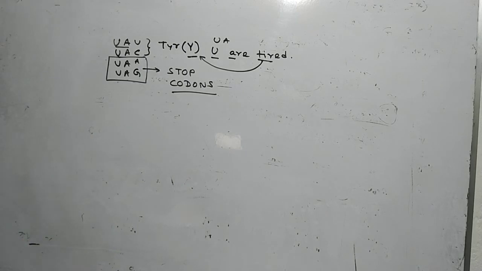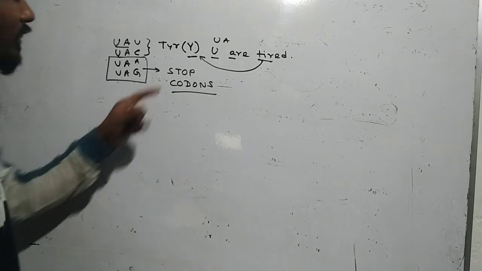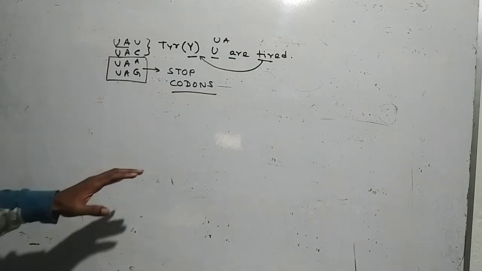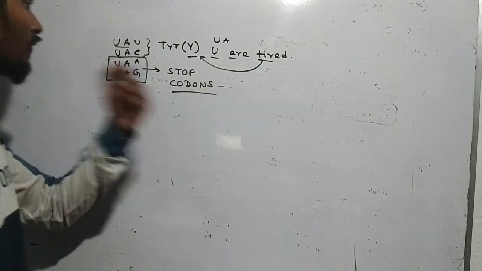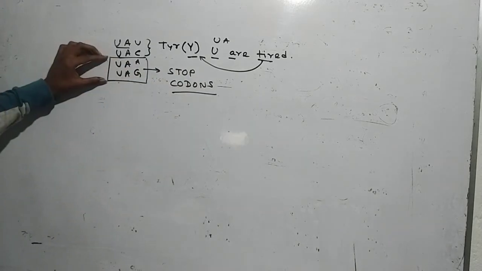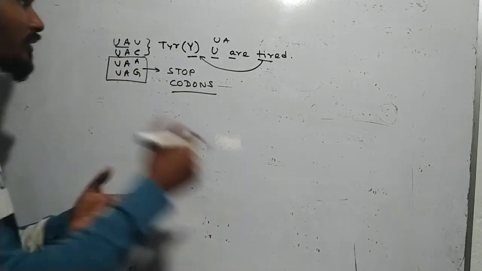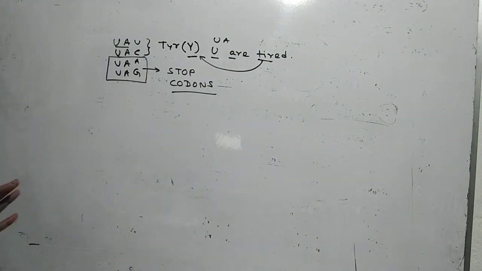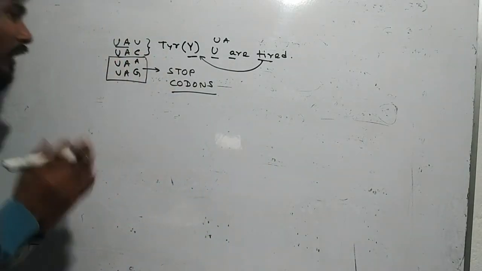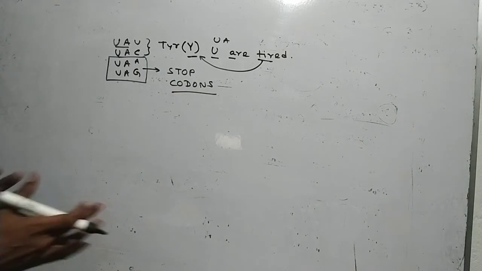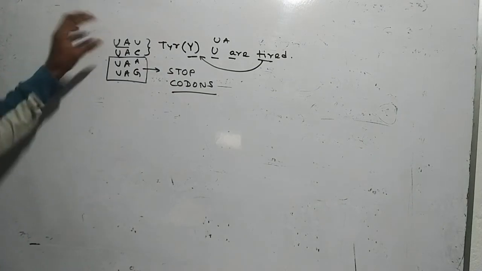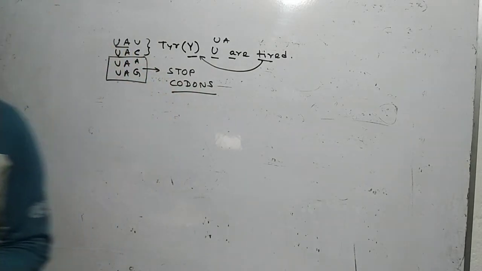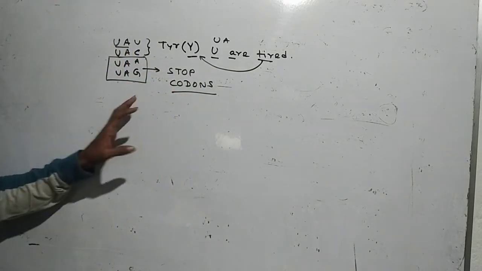And you always remember that the tyrosine is always in the first 2 pairs, never in the second. If it were in the second pair, then I would have mentioned it in a trick or something like this. So whenever I give a trick or something like that, it will be present in the first 2 codons of the row. Okay, now these are stop codons.